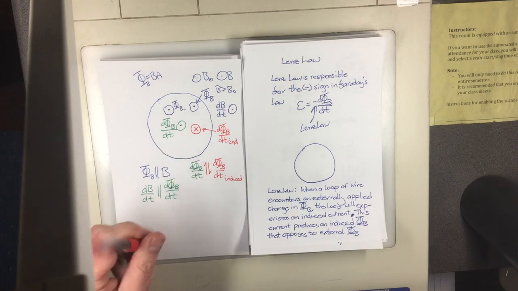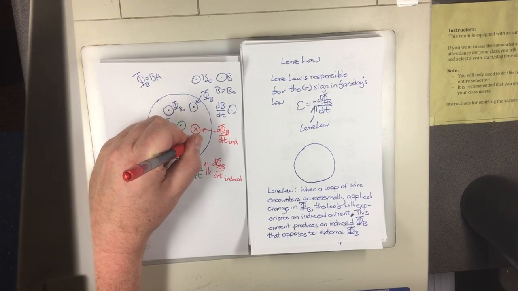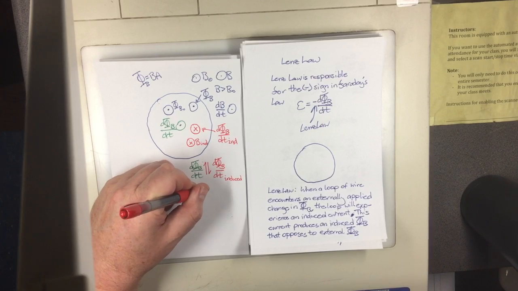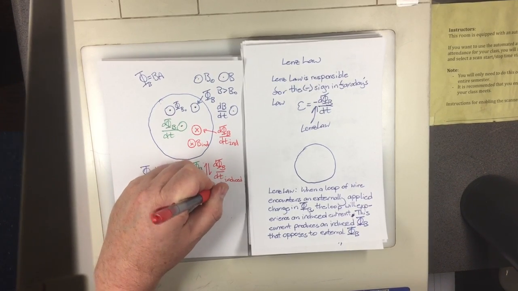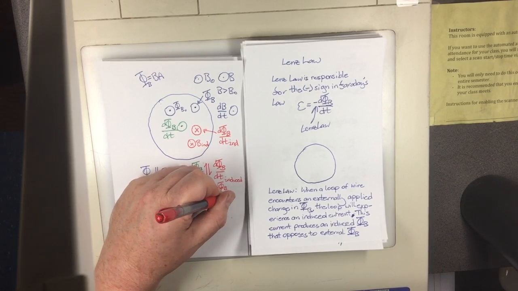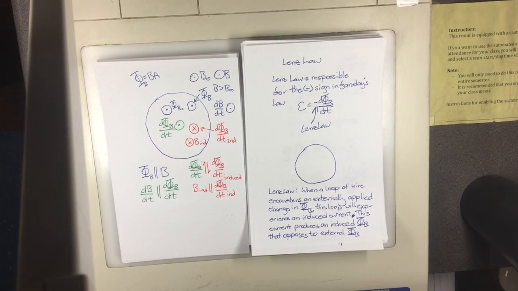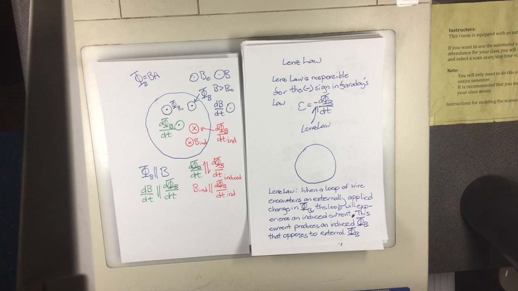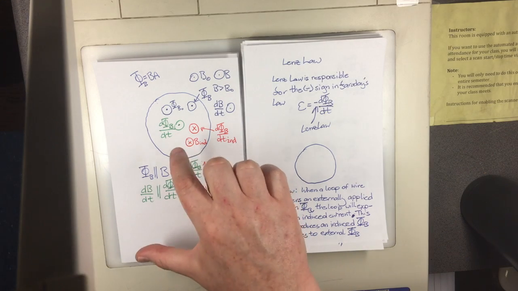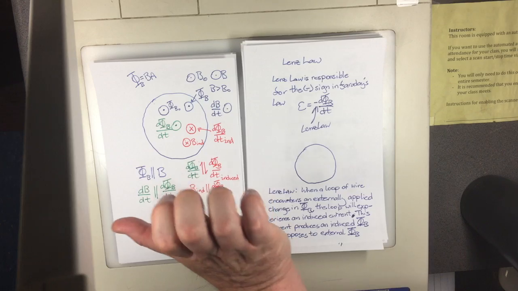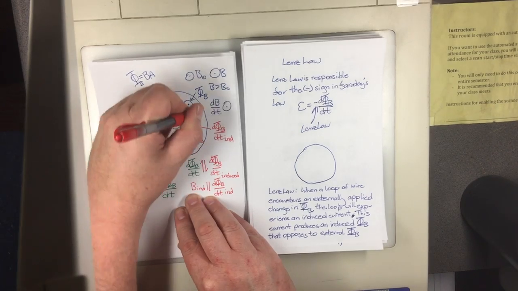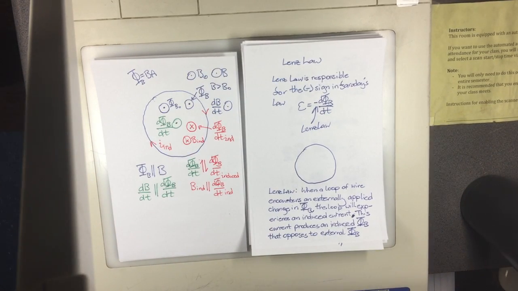In order to get this, the induced B field must be in as well. B induced parallel to d phi b dt induced. What is the direction of the current that produces a B field that is in? The induced current, we use our wrap rule, that induced current in this particular case must be clockwise.